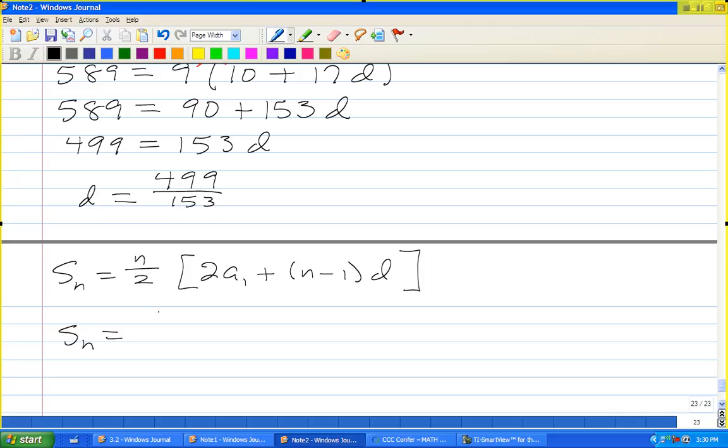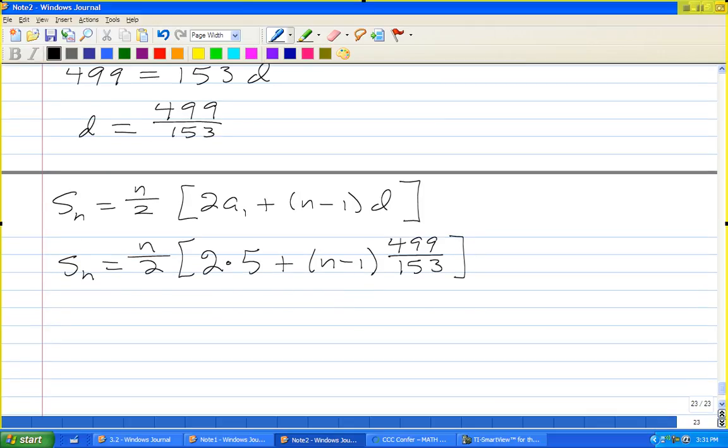So S sub n is equal to n over 2, 2 times a1, which is 5, plus n minus 1 times d, which is 499 over 153. Nothing's going to make it look much better than that.